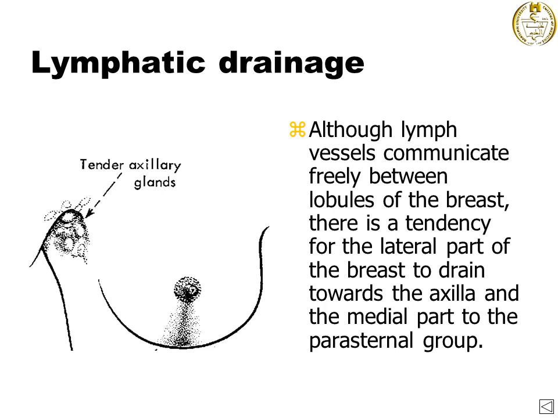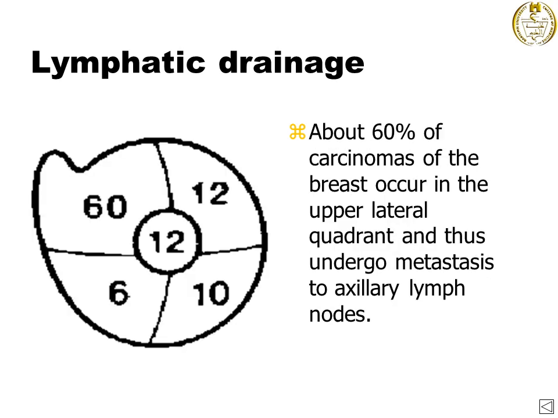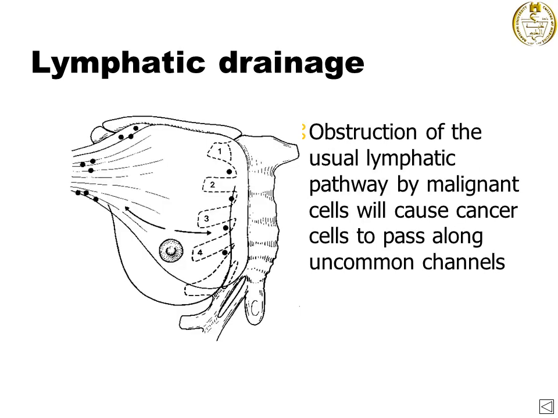Although the lymph vessels communicate freely between the lobes of the breast, there is a tendency for the lateral part of the breast to drain toward the axillary nodes and the medial part toward the parasternal lymph nodes. Sixty percent of carcinomas of the breast occur in the upper lateral quadrant and thus undergo metastasis to the axillary lymph nodes.